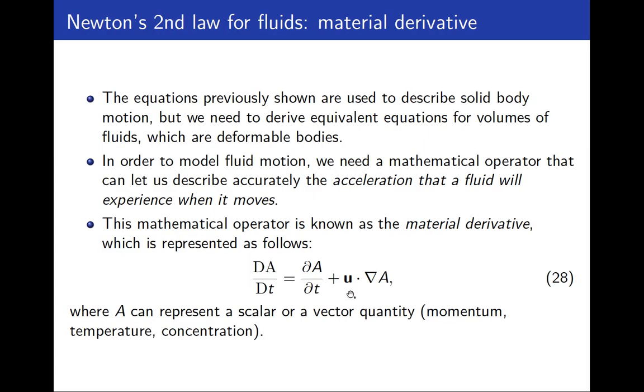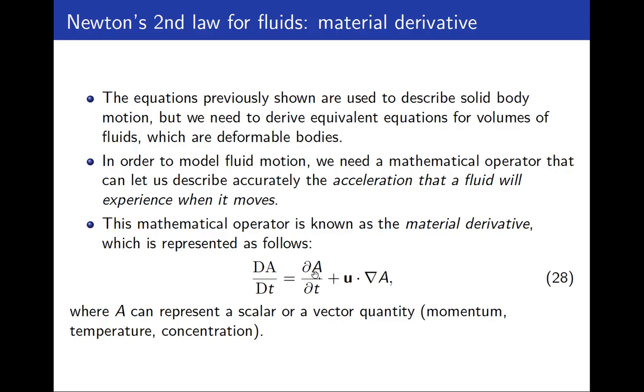So let me go back and explain a bit more about this equation. This material derivative actually considers two systems of reference. For instance, the first derivative, which is the temporal derivative, considers the Euler system of reference. That means we take the variation of A at a point.